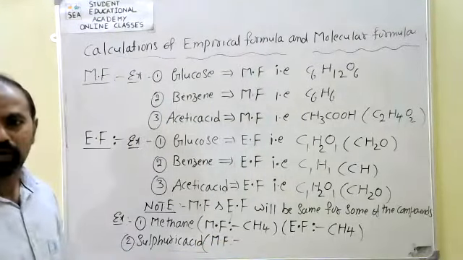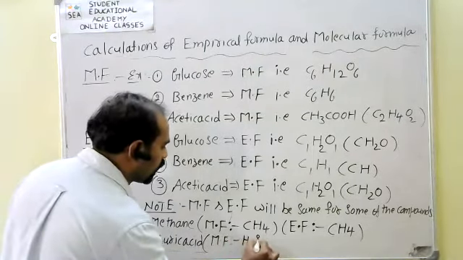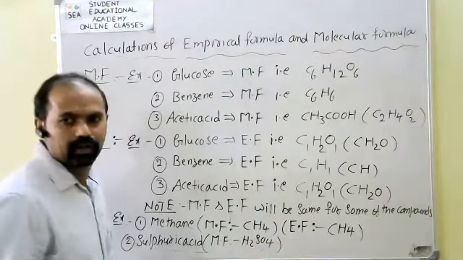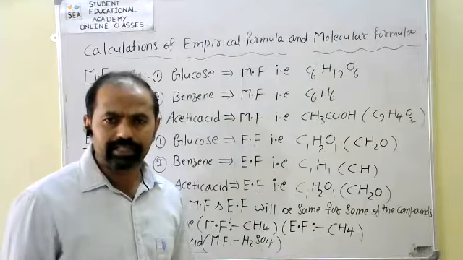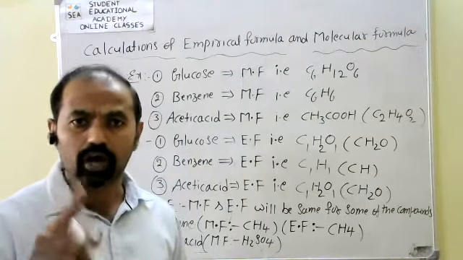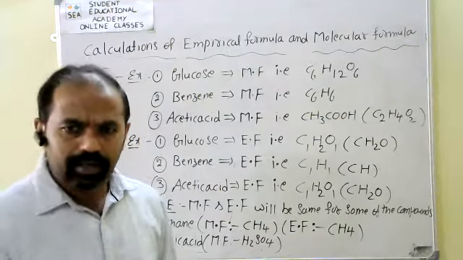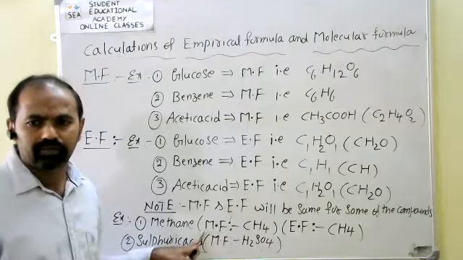What can we say the molecular formula is? H2SO4. The exact number of atoms: sulfuric acid has 2 hydrogen atoms, 1 sulfur along with 4 oxygens. The exact number of atoms represents the molecular formula.